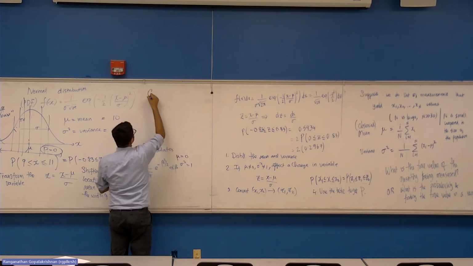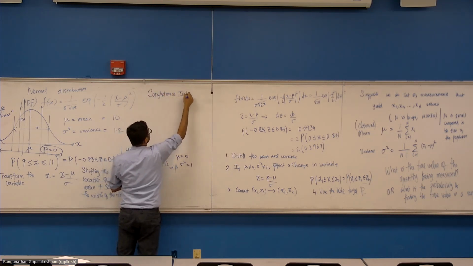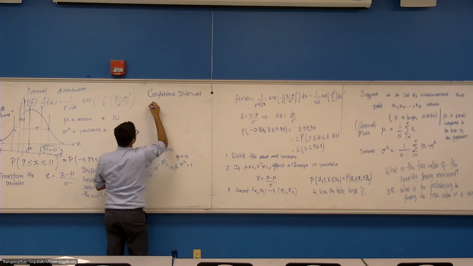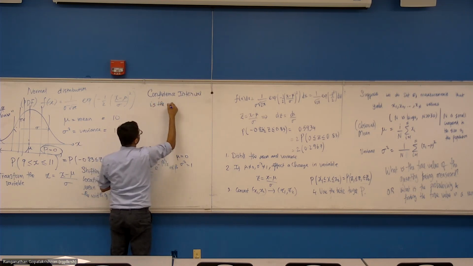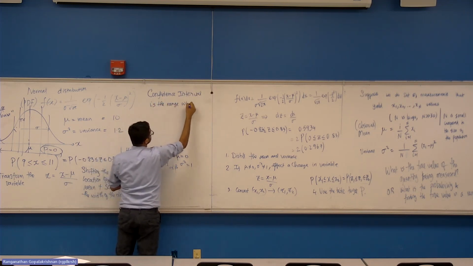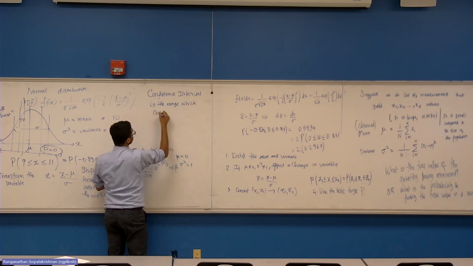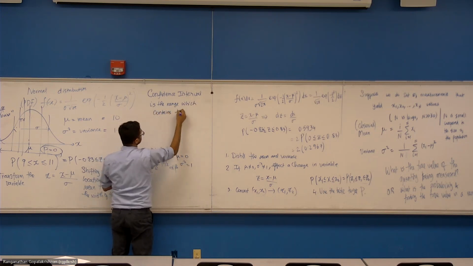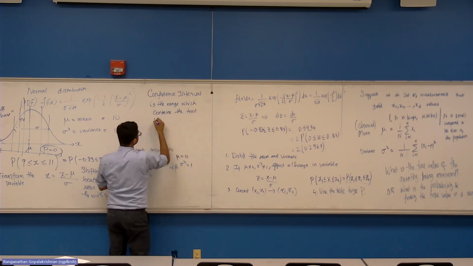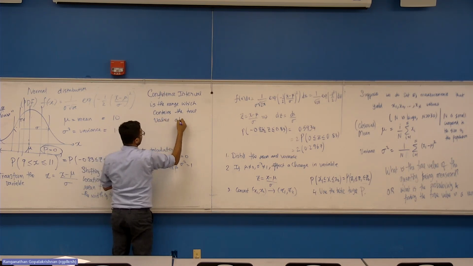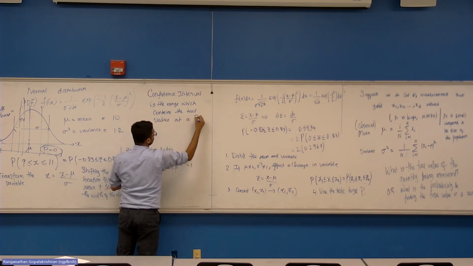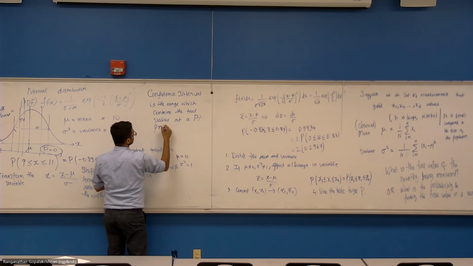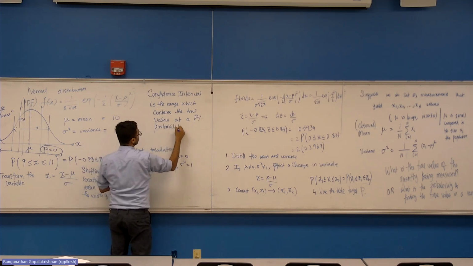Okay, so I'm going to write one more statement here. We define what is called the confidence interval: the range which contains the true value at a p% probability.